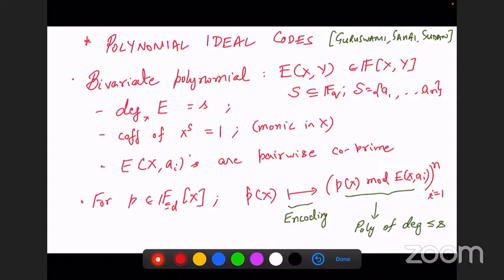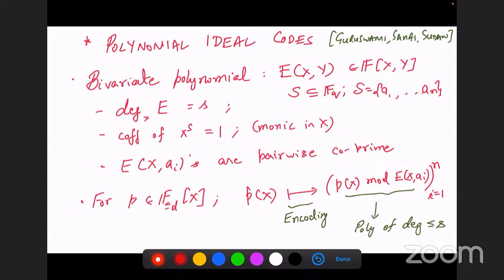And what is the encoding map in case of polynomial ideal codes? Well, you take any degree, okay, so this should have been less than k polynomials, because k is what I've been using for degree. But you take any low degree polynomial, it's not important what its degree is. And the way we find its encoding is that look at the polynomial E(X, a_1) and just divide P(X) by E(X, a_1).